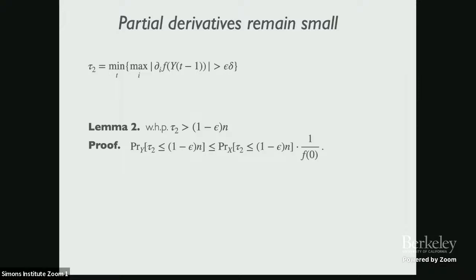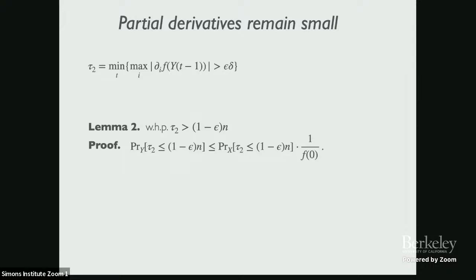And the second case is we want to understand when our partial derivative becomes too large. And recall that the partial derivative is related to the influence. That's where we are going to use that the max influence is small.